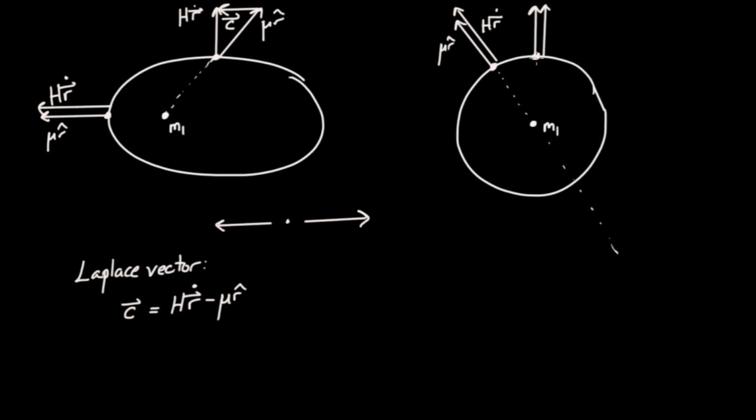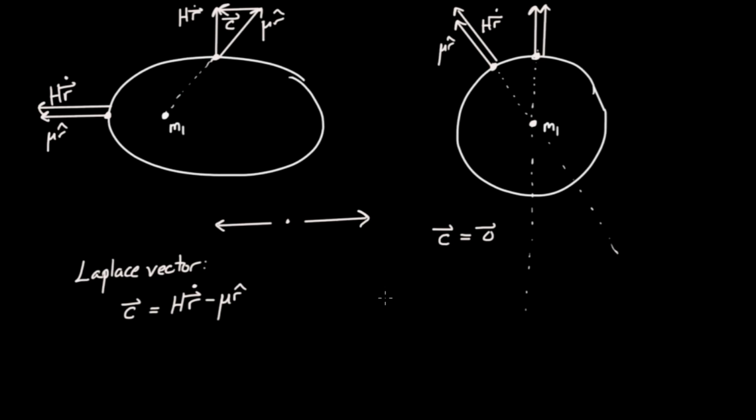So we cook up the same argument and we conclude that the vector must also be along this line too. But the only way that's possible is that the vector is actually the zero vector, because that's where the intersection is. So we see that for the circular orbit, this conserved vector is simply the zero vector. Also notice that the fact that the Laplace vector turned out to be zero nicely corresponds to the fact that the eccentricity for a circular orbit is zero.